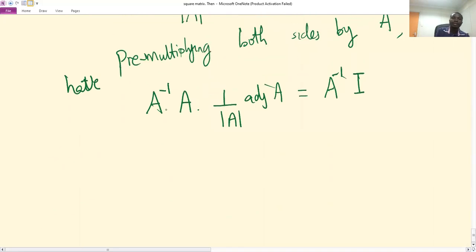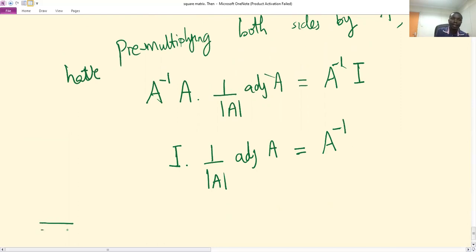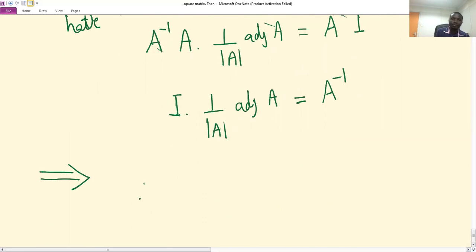And you see A inverse times A is an identity matrix. So we have 1 over determinant times adjoint of A equals, now A inverse times identity matrix is just A inverse. So this implies that A inverse alone.